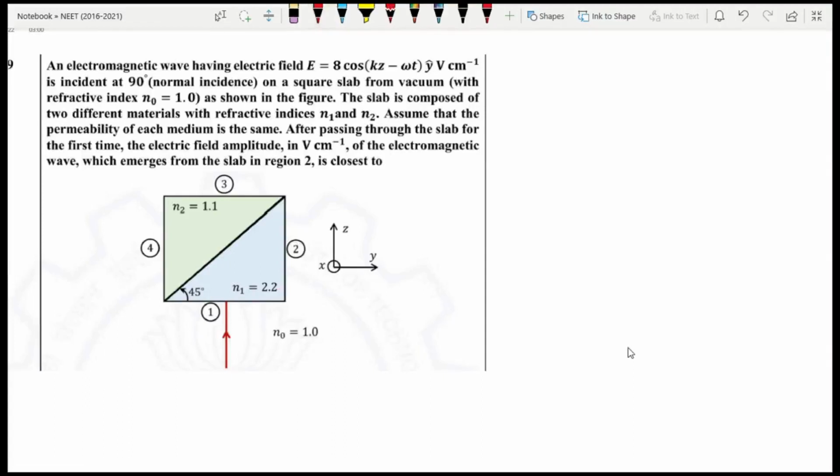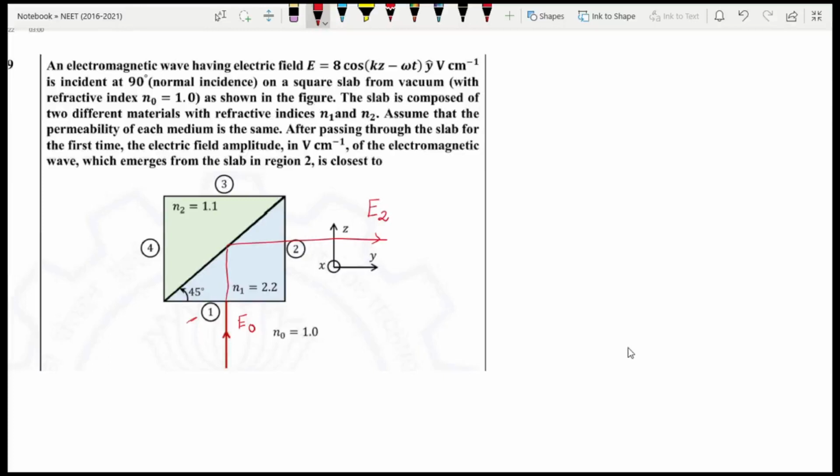Now in this phase, the electromagnetic wave is incident on the side of 1, then it goes inside the medium and comes out through the phase 2. The incident beam has an amplitude of E naught, and now in the question they have asked us to find the value of the electric field amplitude that is coming out of the phase 2.